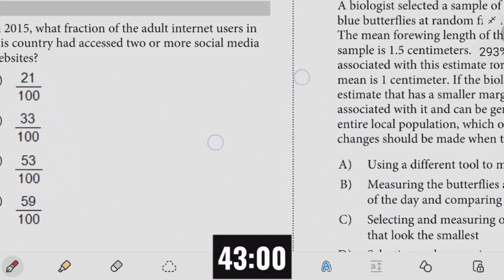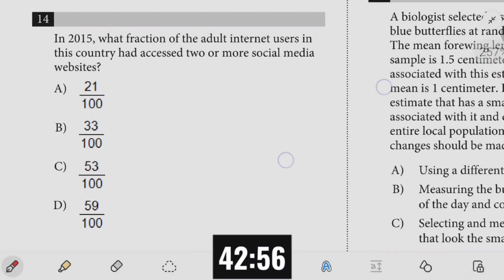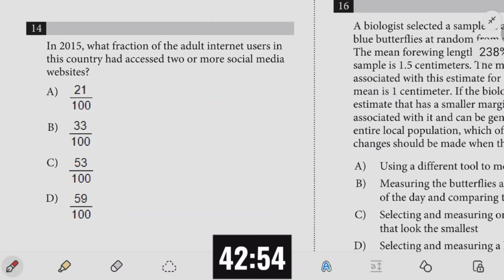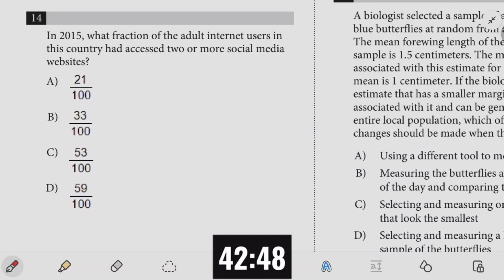Nope, I'm missing one question. What fraction of the adult internet users in this country had access to two or more social media websites?